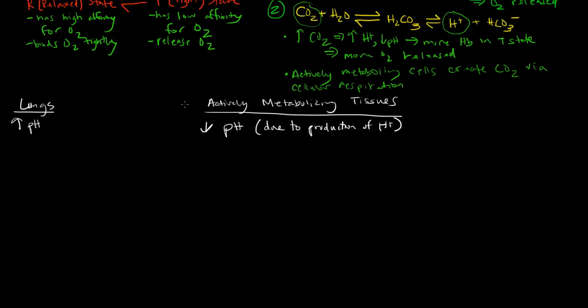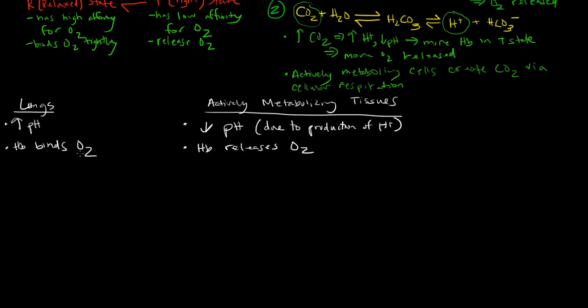Okay, so now this makes sense. Why does this make sense? Well, because in our lungs we want hemoglobin to bind oxygen, right? So we want there to be a high pH. We don't want a low pH there. If there's a low pH there, that means hemoglobin can't bind oxygen. If there's a high pH, then hemoglobin binds the oxygen, right? Here, the low pH causes hemoglobin to release the oxygen, which is what we want. In the lungs, we breathe in oxygen. We want the hemoglobin to bind the oxygen.